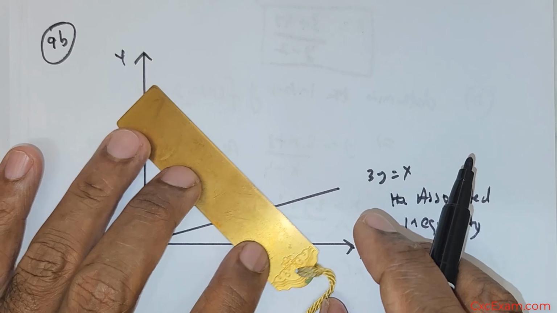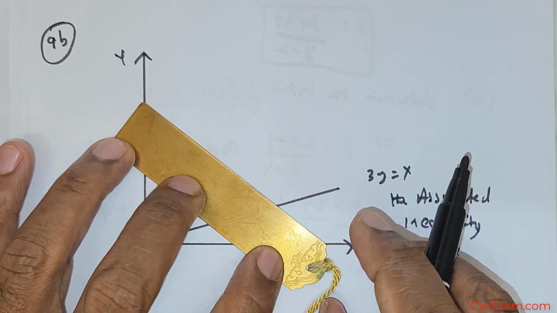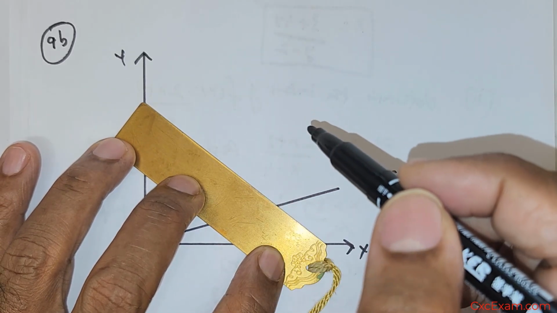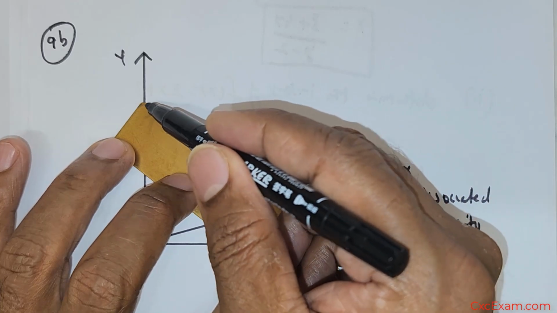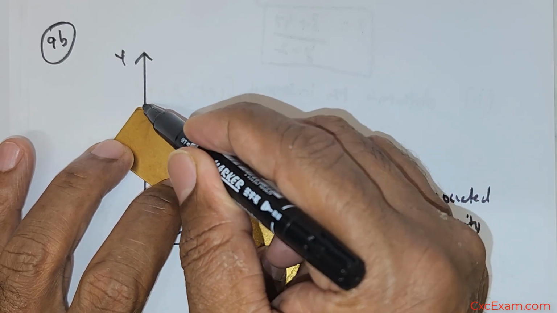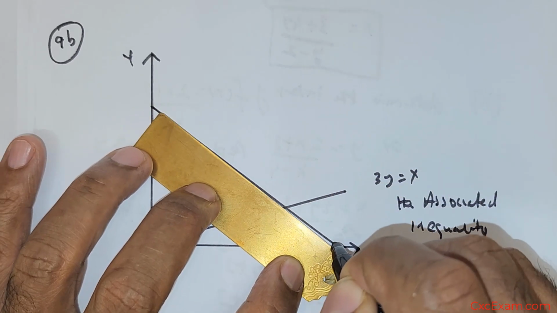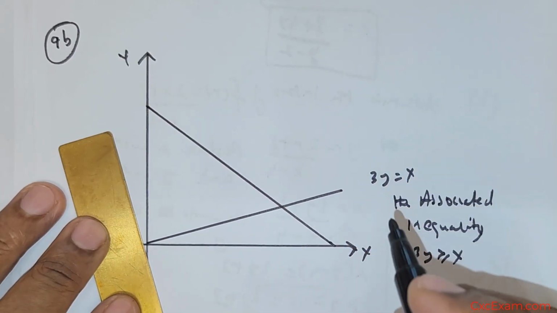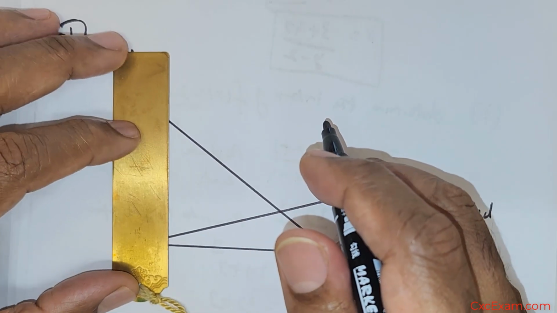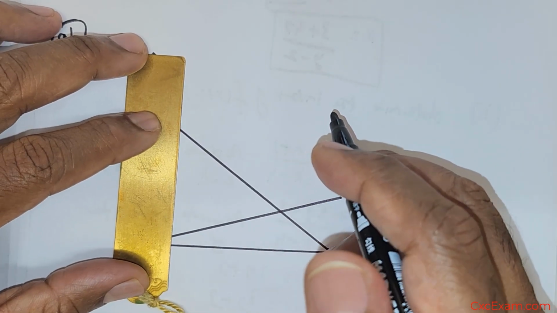Now the next line is this line, and we got another line too.